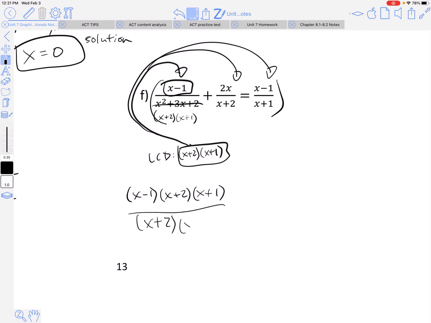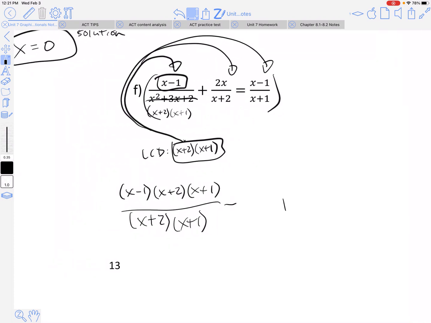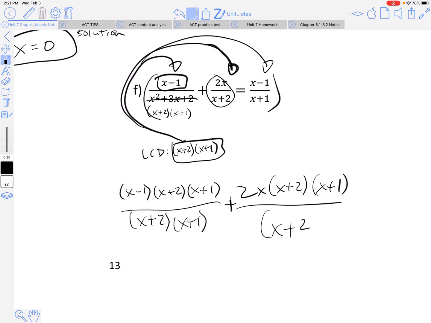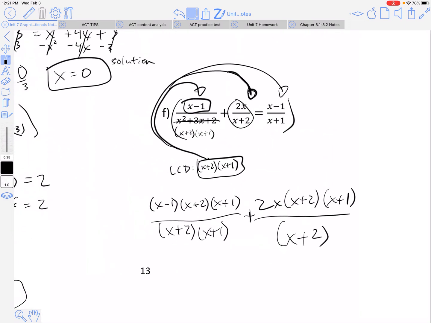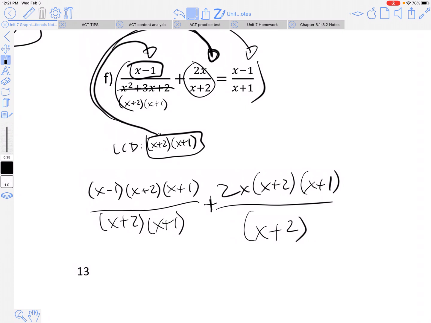Don't forget the shortcut that I showed you earlier. I'm again showing you the whole process, but the shortcut will save you a bunch of writing, right? So we have 2x times x plus 2 times x plus 1. This is right here, right? I'm distributing it there, and that's all over x plus 2. So the denominator will stay, of course. Sorry, kind of jumping.